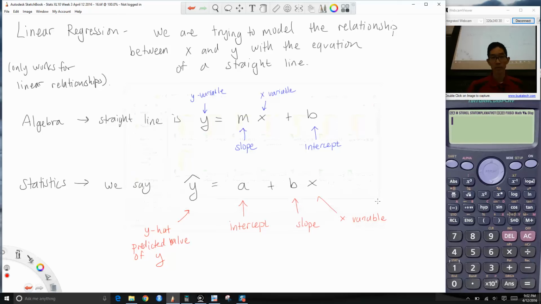Why predicted value and not just Y? Yeah, that's a good question. It's because we're trying to model the relationship between X and Y. And remember, what we're looking at is a bunch of data points. Okay, so maybe we're trying to predict how much the snake weighs if we know how long it is.